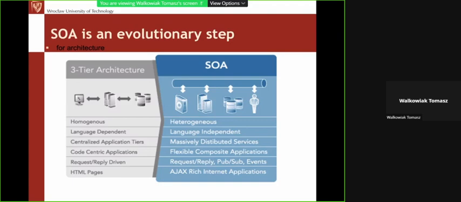And this is not a problem, okay, because the communication, the interchange of information is defined, so it doesn't really matter what is the software behind it. Okay, so it is language independent, distributed from the design, from the beginning.